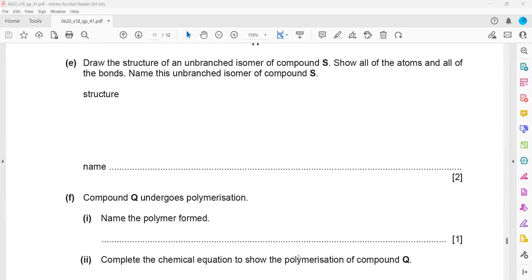So we'll draw either a cyclic compound, or we can also draw, as a result, an unbranched one. So what we can do is draw the same number of carbon atoms, and just put the double bond at the second position. And you have to show all the bonds and all the atoms. So this will have 3, this will have 1, this will have 1, and this will have 3.